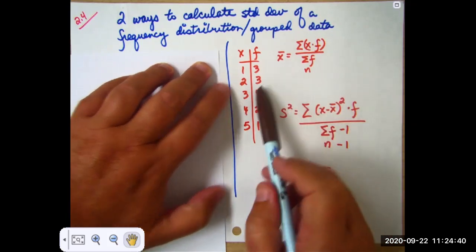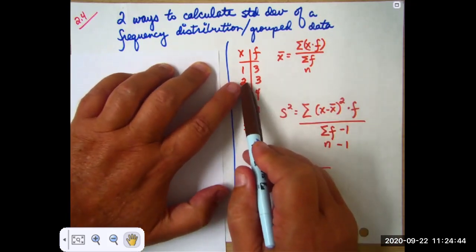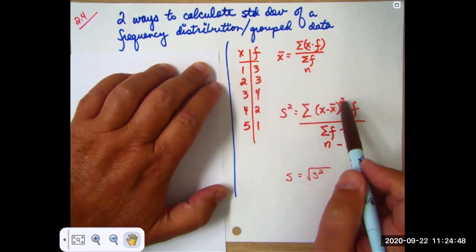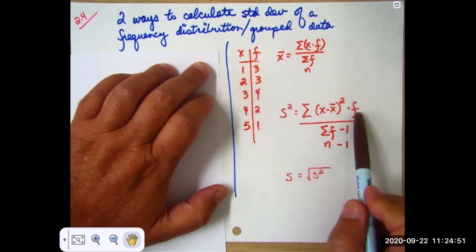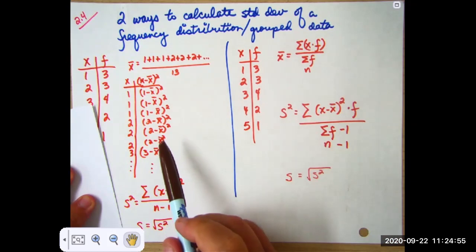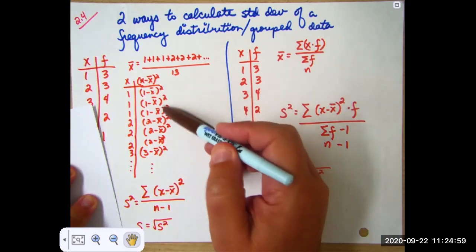And then I would take my 2 minus the mean, 2 minus the x bar, square that, and I'd multiply it by 3. Rather than just adding them up all the time, we're just taking advantage of the fact that multiplication is just repeated addition.